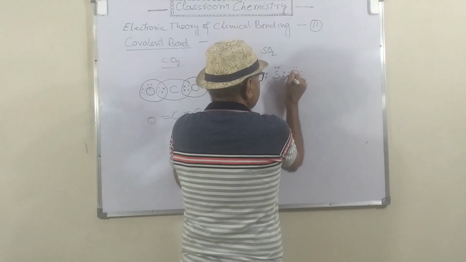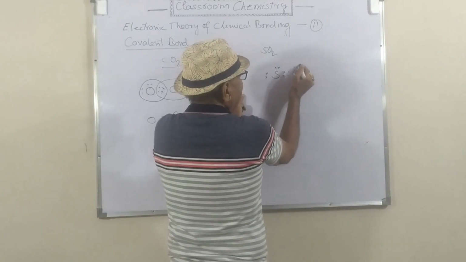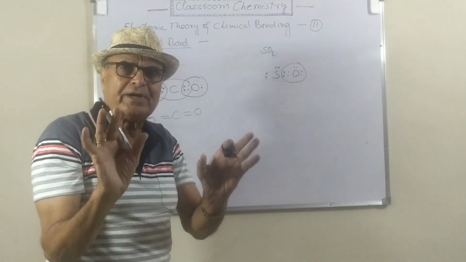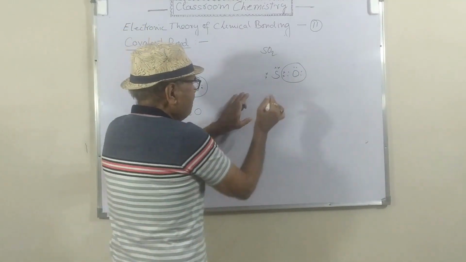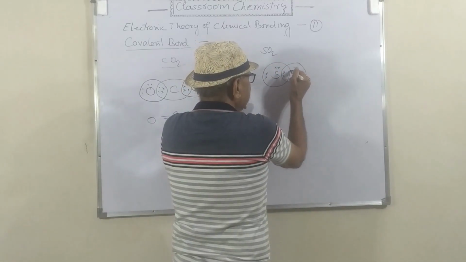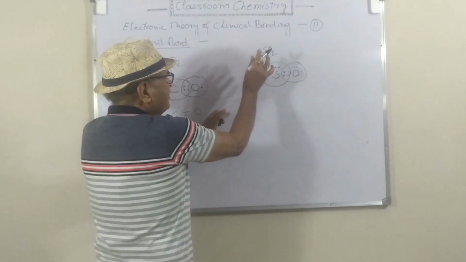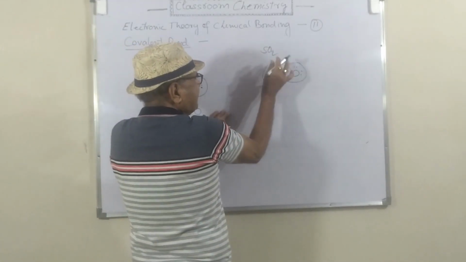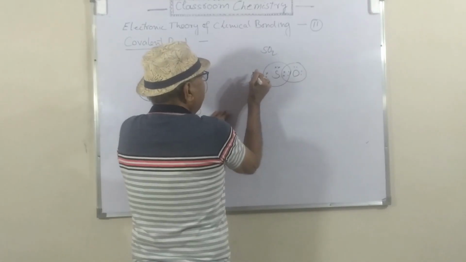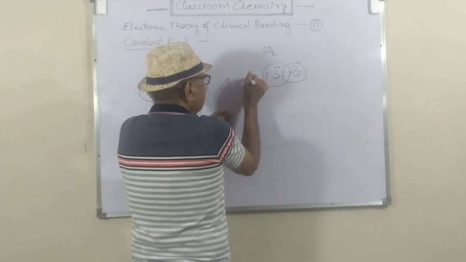So again, this oxygen has completed its octet, and sulfur also has completed its octet. Now the second oxygen, how will you link it with this sulfur?